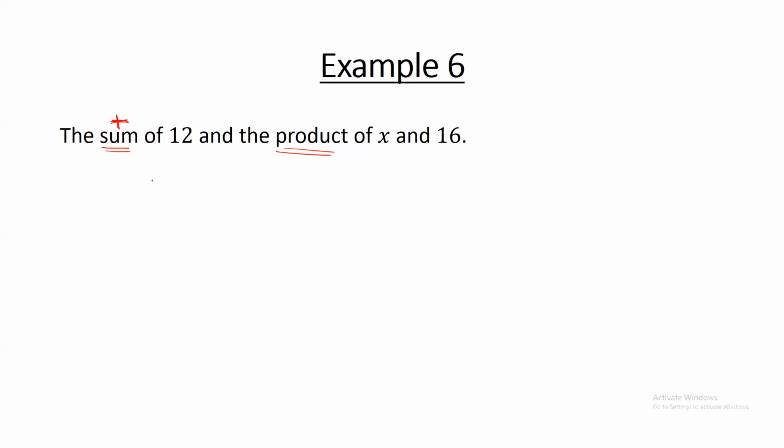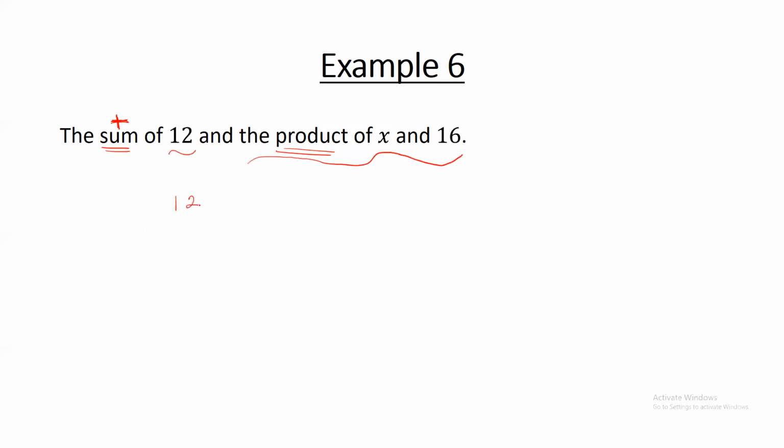Now, what are those two things? The first thing is 12, right? The sum of 12 and the product of x and 16. This whole thing, the product of x and 16, is the second number. So I'm going to try to write this out in as much detail as possible.